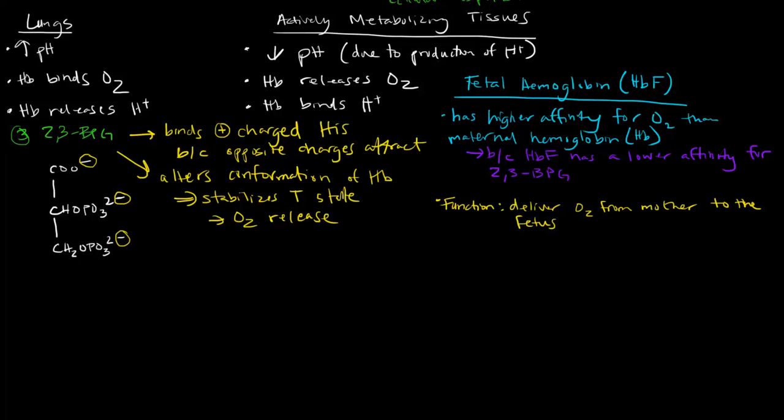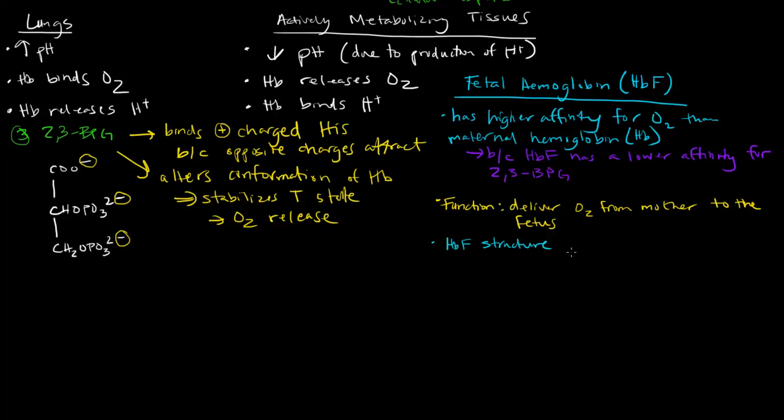Now I just mentioned that it has a higher affinity for oxygen than maternal hemoglobin because the fetal hemoglobin has a lower affinity for 2,3-BPG. So what is going on there? Let's mention more details about fetal hemoglobin, its structure.